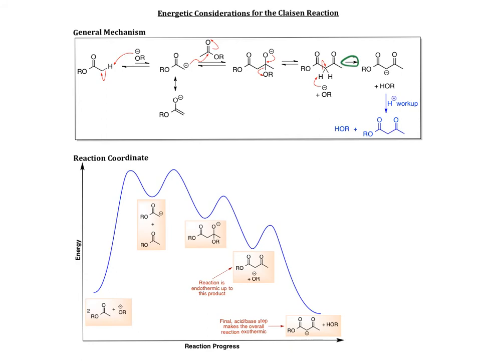So if we start with our ester and our alkoxide, we have the first step of the reaction, which is an endothermic step to get the enolate intermediate. That will then add to the second molecule of ester to give this intermediate here. Right now I drew this intermediate a little bit lower than this one. The reason is, think about what you have.